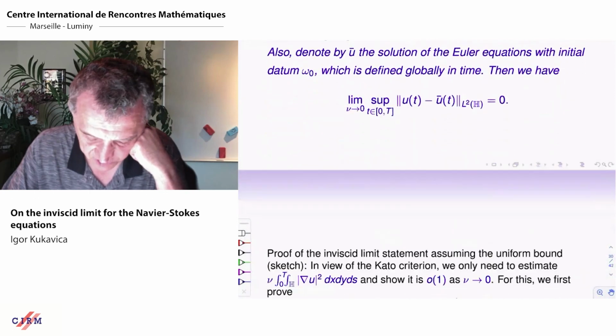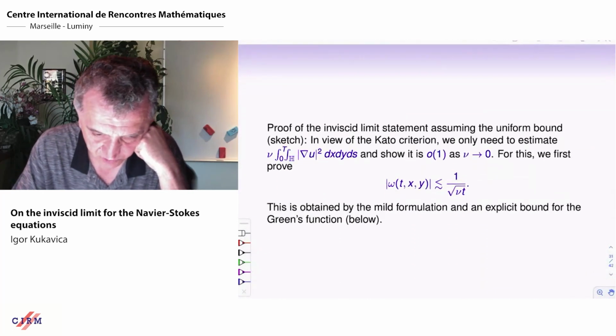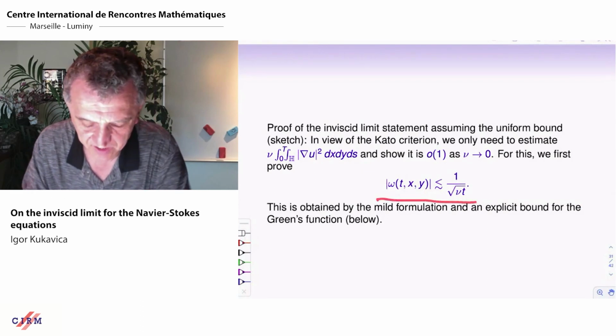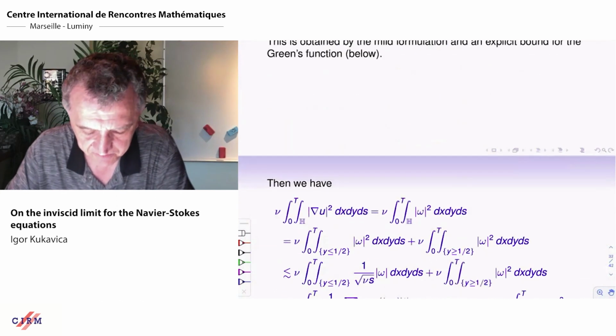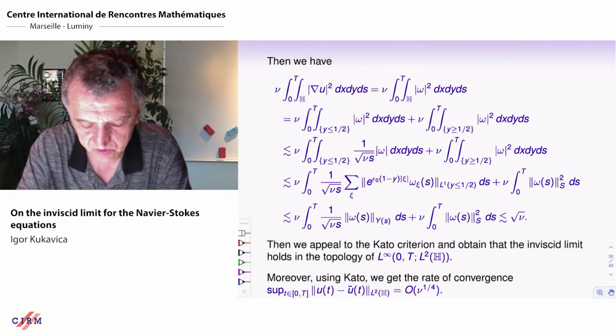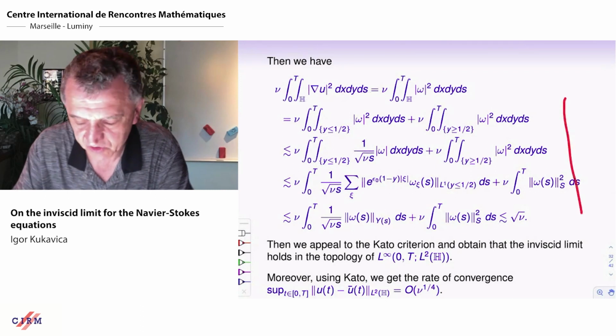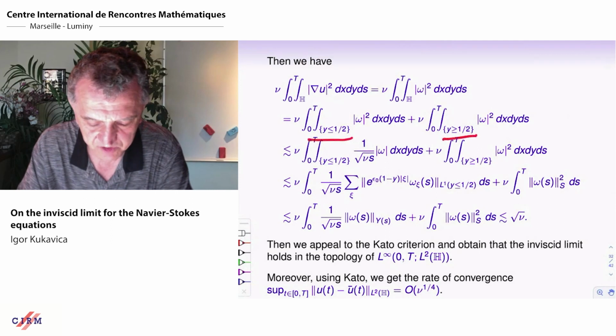And the main trick actually turns to Kato's cutoff. So basically we prove that once you have the boundedness, omega can be actually uniformly bounded. So from L1 we go to L infinity. And then we use the Kato criterion. So in the Kato criterion, without going through the details because I don't have time, you basically split into close to the boundary and away from the boundary.